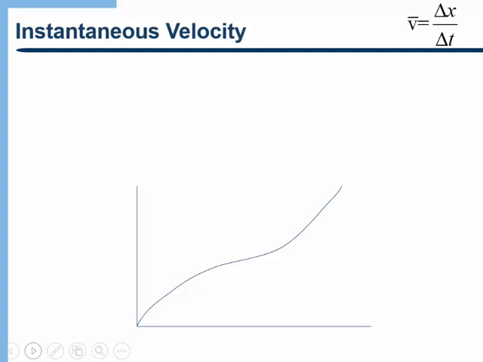You'll notice that in our definition of average velocity, by necessity, it involves two times. It involves delta t, or t2 minus t1. So how does it even make sense to talk about a velocity at just one time? In other words, you think, well, that doesn't work because we can't divide by 0. We can't have a delta t of 0.